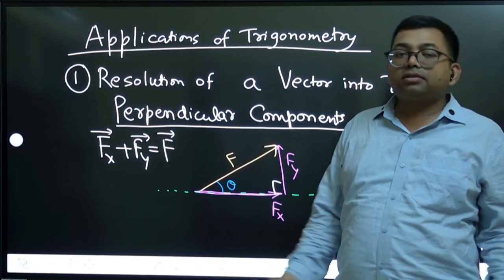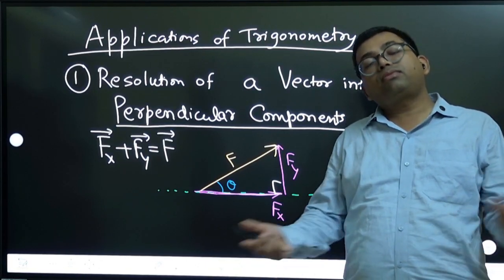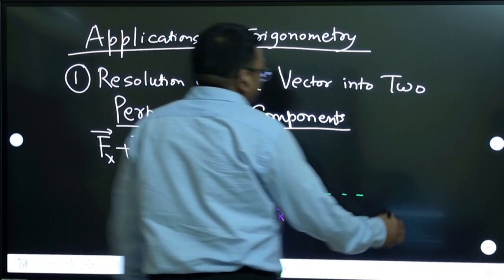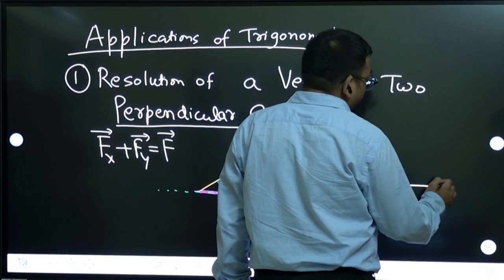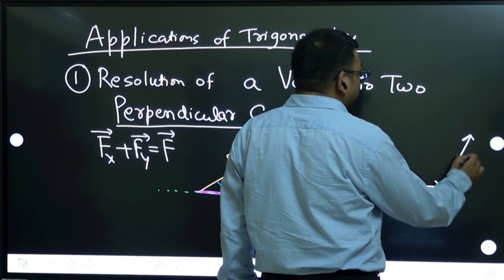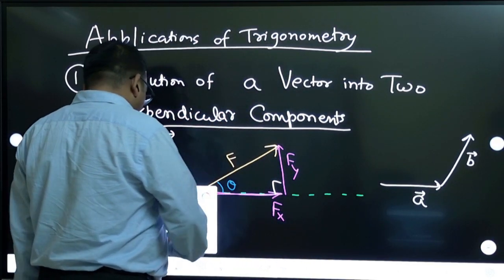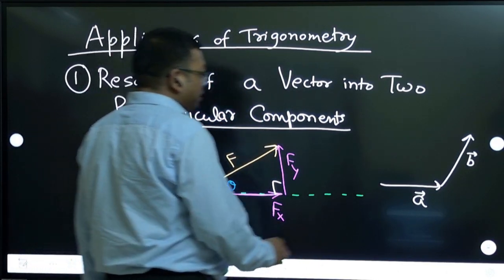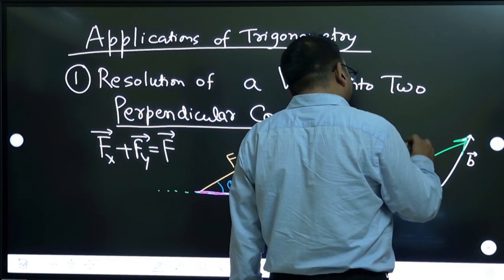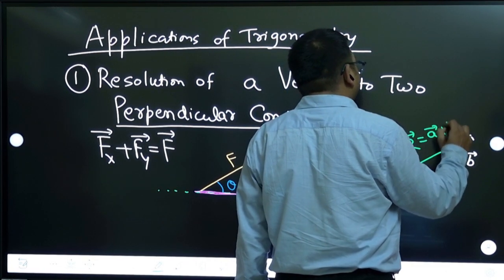Okay, and this is valid for any two vectors that can be added to give the resultant vector. For example, suppose this is one vector and this is another vector, let's say this is a vector and this is b vector, then according to triangle rule we have to add them this way. This is the resultant vector, which is the sum of a vector and b vector.